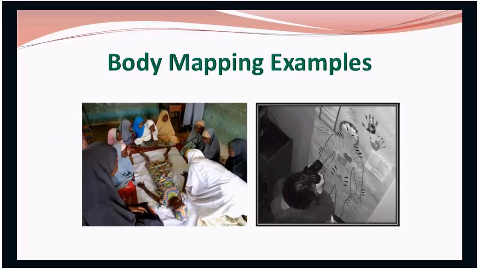What they did was place a woman on the newsprint paper, outline her body, and she would indicate violence that has been perpetrated against her. Then she would speak about how she experienced it, and others could relate to what was happening and indicated on the map where they had similar experiences.